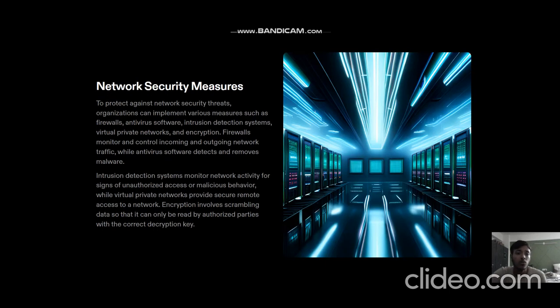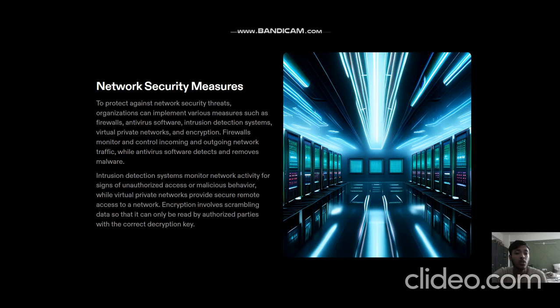Moving on to some measures which we can take to prevent these attacks on our systems. Organizations can protect themselves by implementing various measures such as firewalls, antivirus software, intrusion detection systems, virtual private networks, and encryption.